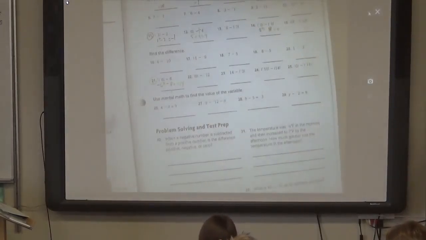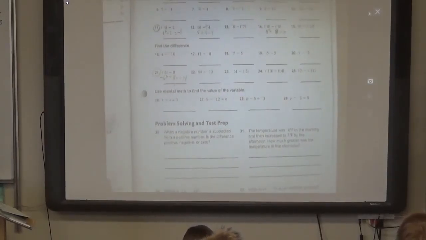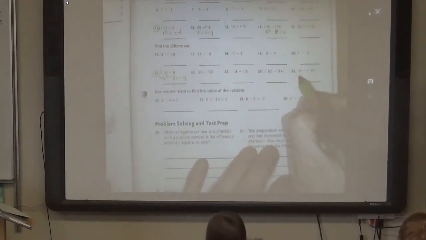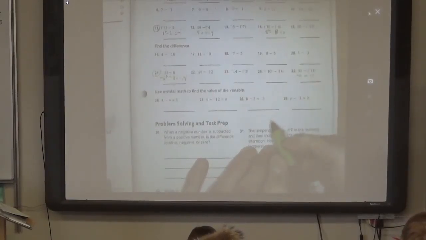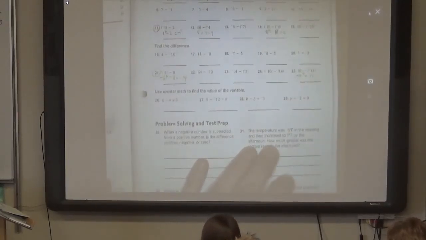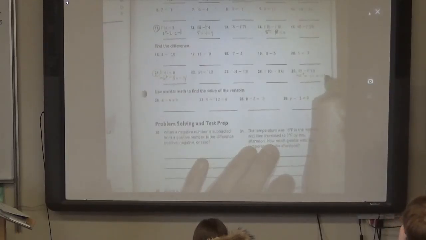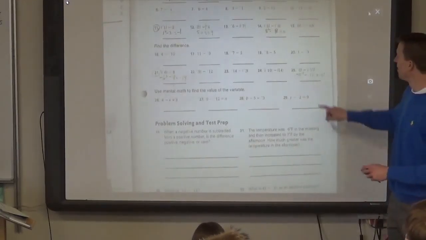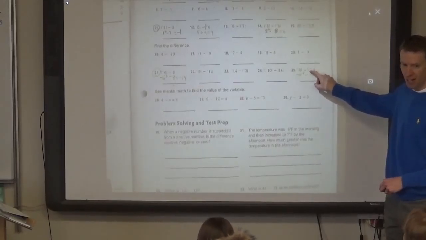Any other questions? What if it said minus the absolute value of negative 11? Remember that we have to simplify the absolute value first.